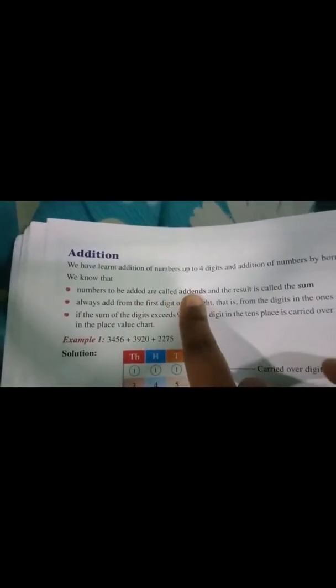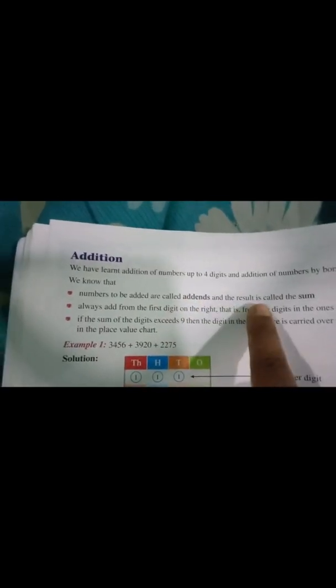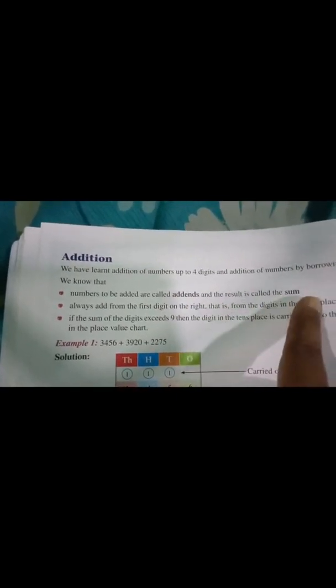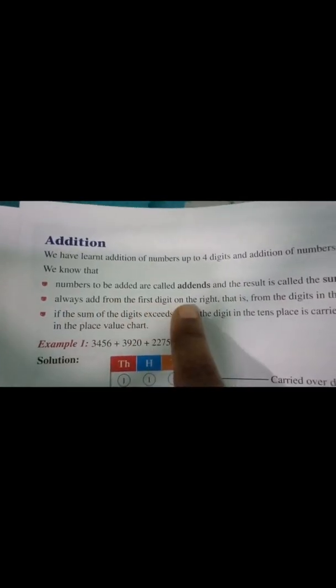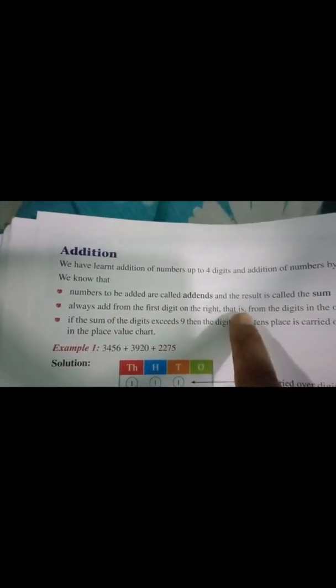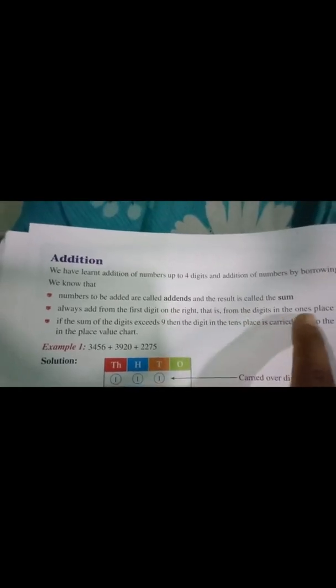Children, you should write this in the classwork. Okay. Numbers to be added are called addends and the result is called the sum. Always add from the first digit on the right, that is, from the digit in the ones place. Understood?